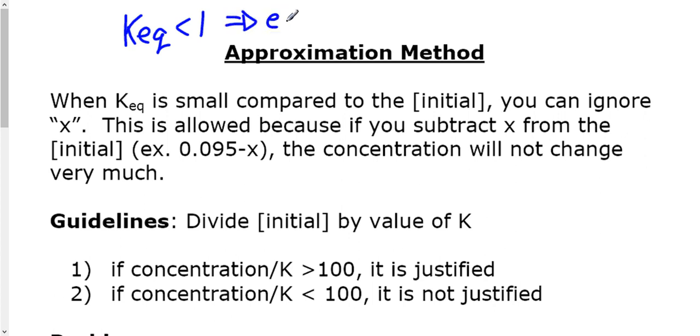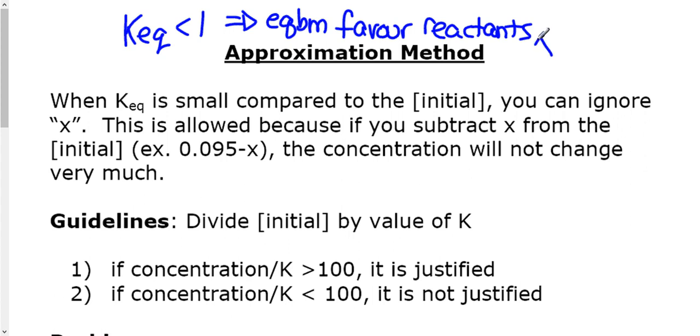That means the equilibrium is going to favor the reactants. Favors the reverse direction, it lies more to the left, any way you want to describe it. So it means there's going to be more reactants at equilibrium.